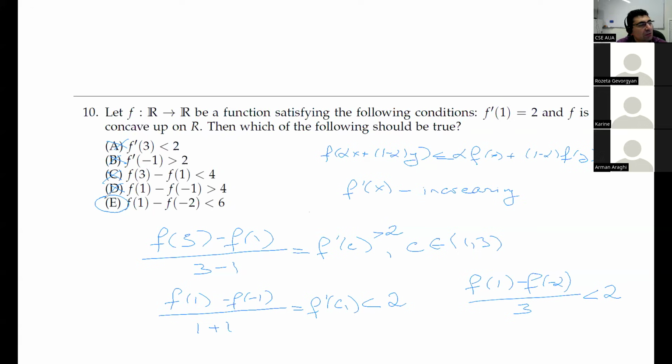Questions here? Everything is fine in this proof? Again, what I do not like here: f is concave up, which means our f prime is increasing, but again, not strictly increasing.